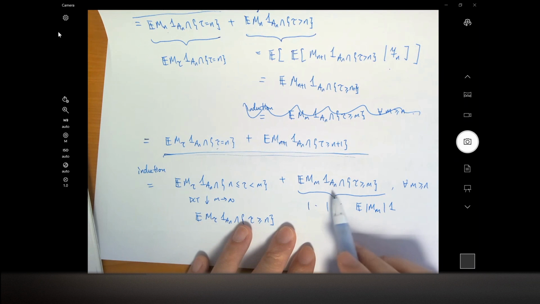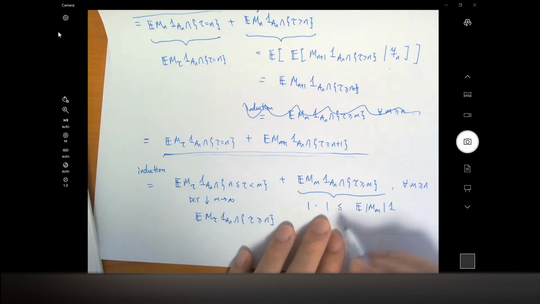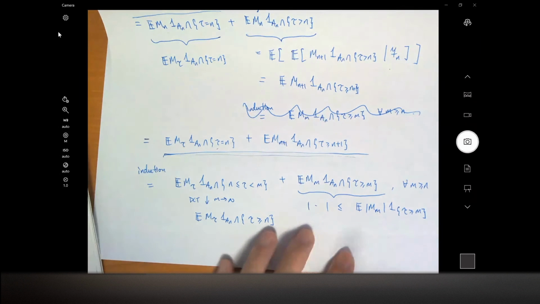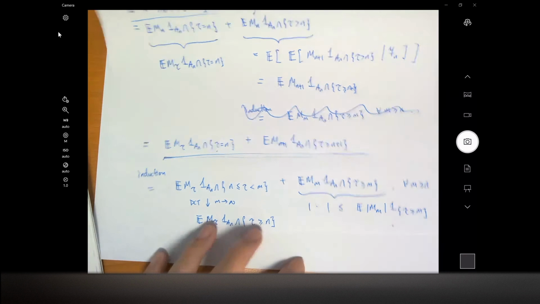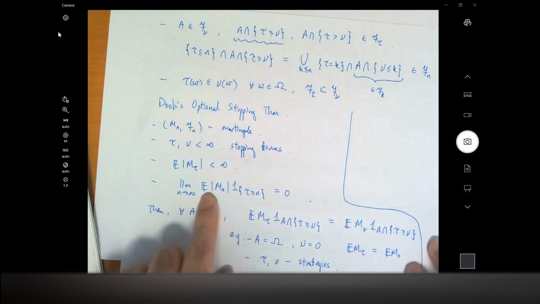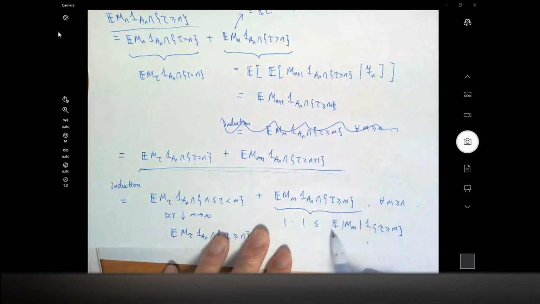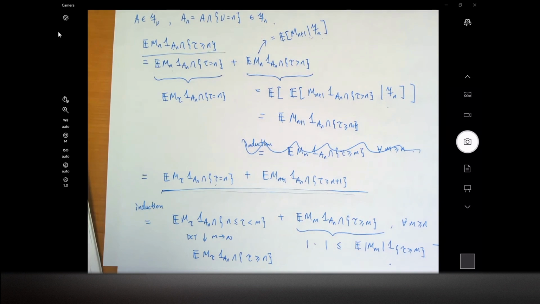I can throw away the A_n, so it will be bigger than m. So the absolute value is bounded by this, and then we saw this is another condition that we had, the third condition: as n goes to infinity, this goes to 0. So as m goes to infinity, this side is going to 0, which means this whole thing will converge to 0.